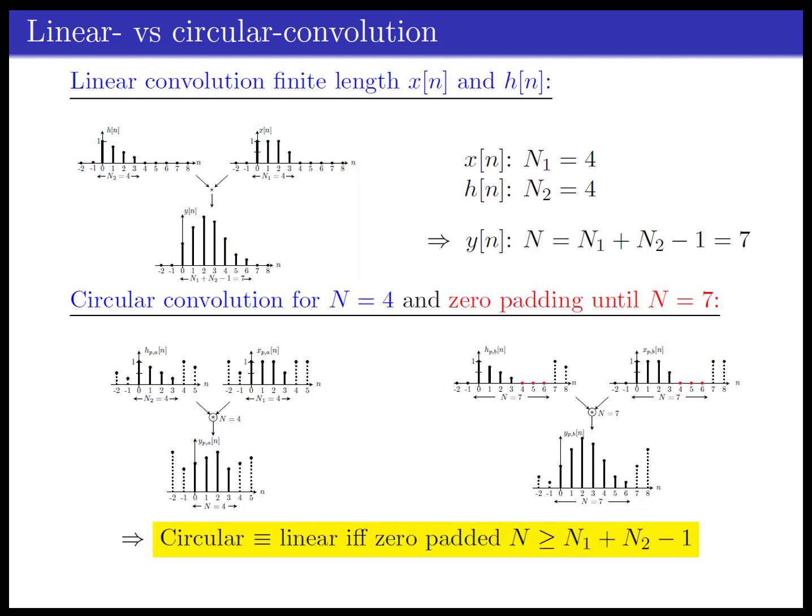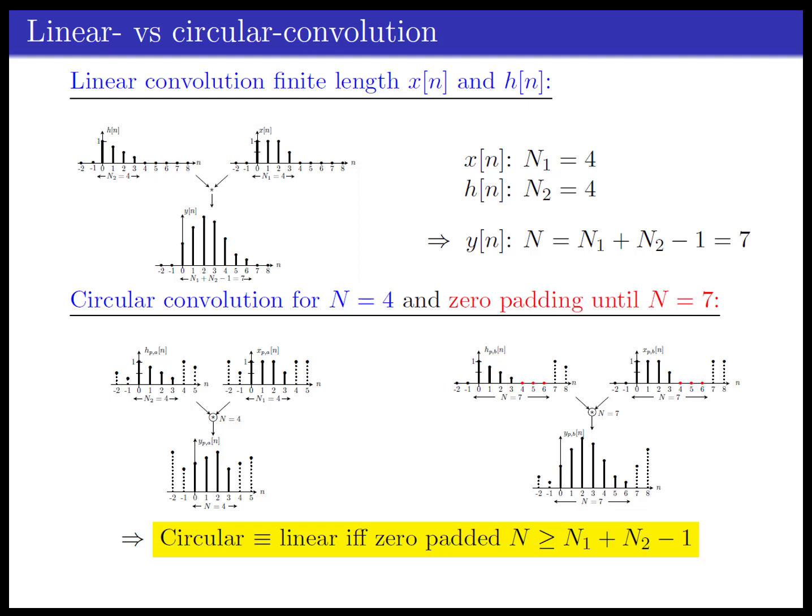In general, we can state that the fundamental period of the circular convolution result is the same as the linear convolution result when we apply zero padding before the periodic extension up to a length which is at least N = N1 + N2 - 1, in which N1 and N2 represent the finite length of signals x and impulse response h respectively.